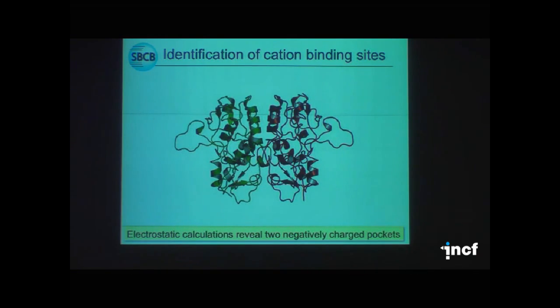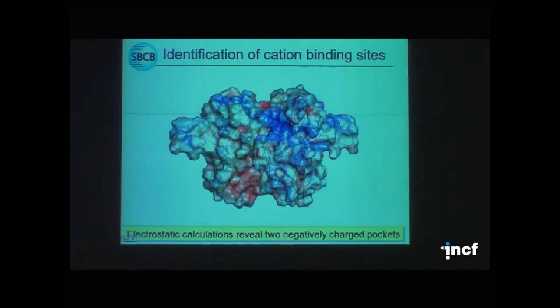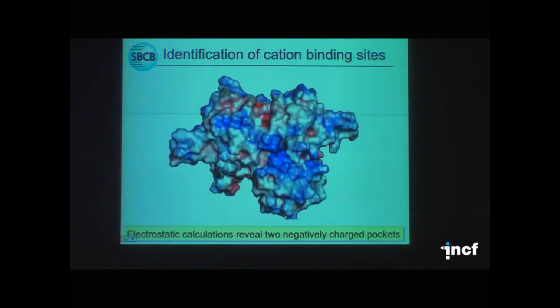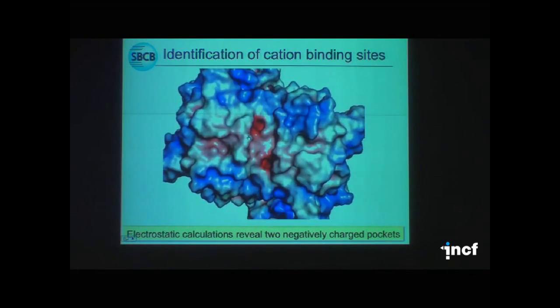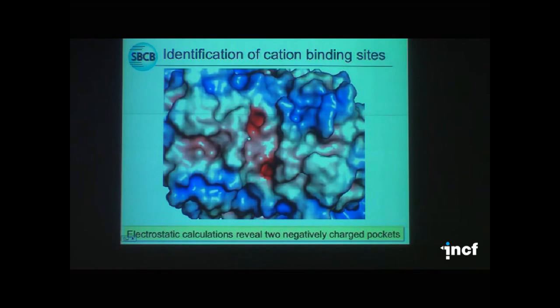So the first thing we did was just do a simple electrostatics calculation. This is the ligand binding core you're looking at side on. If you map the electrostatics calculation on top of that, you can see here on top there are two rather intriguing red regions, which indicate negative pockets. So that's the first clue that they might be there.